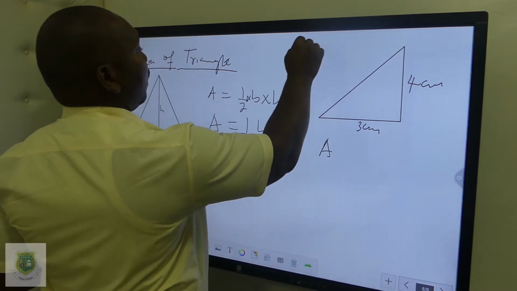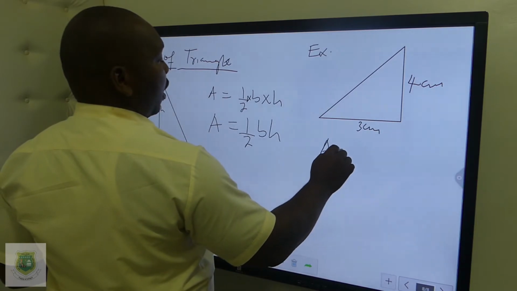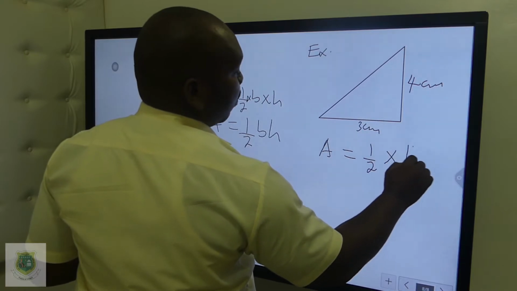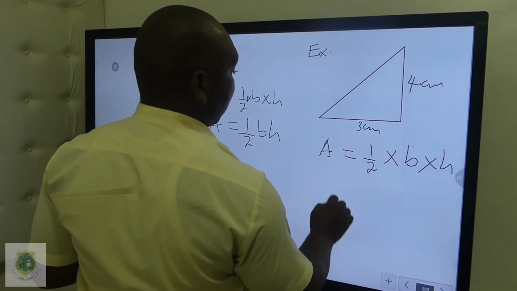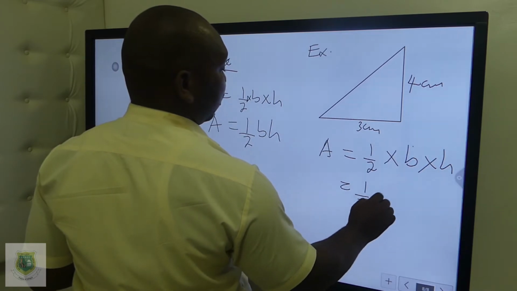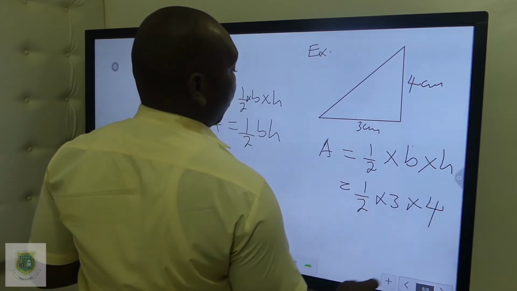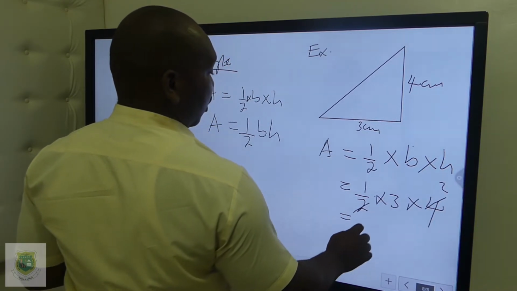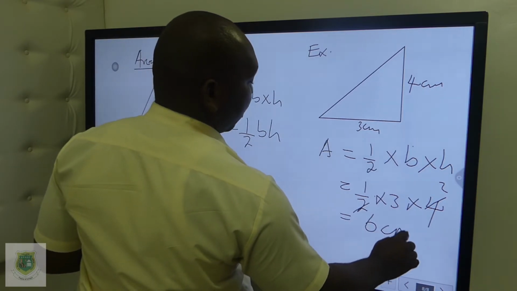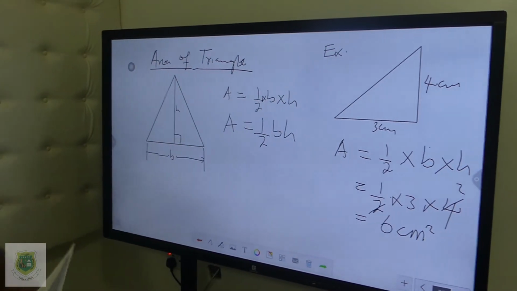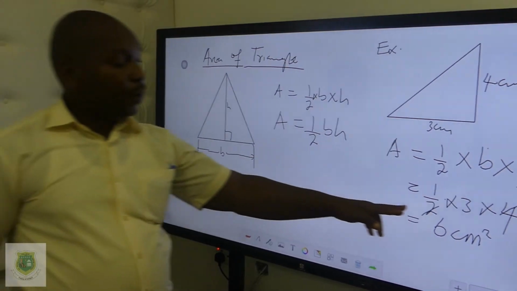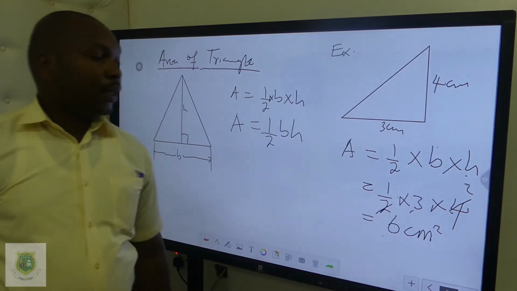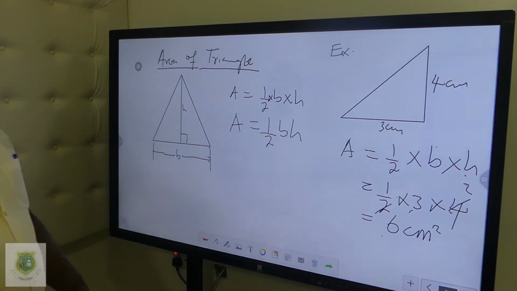Area is equal to half times base times height, which is 1/2 times 3 times 4. The 2 cancels, and 3 times 2 is 6 centimeters squared. So that is it.